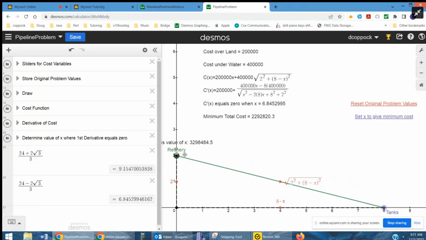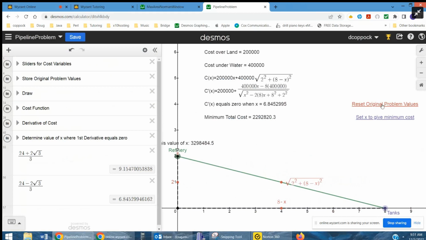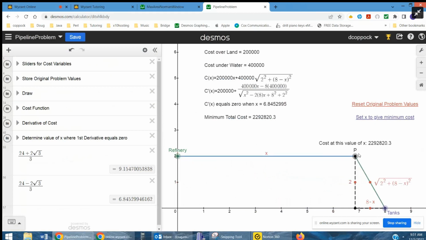And the other option is to go all the way to here and then go down. The cost underwater is 2.4 million. So there is some minimum value between 0 and 8, it looks like, that's going to give us a cost less than the endpoints. So it looks like 2.29 million.